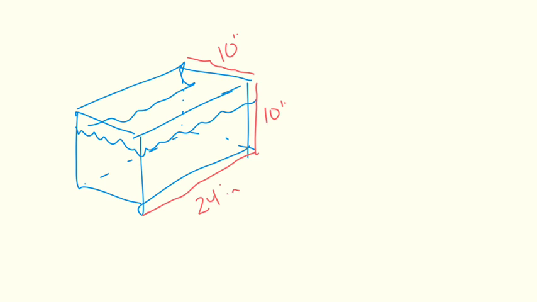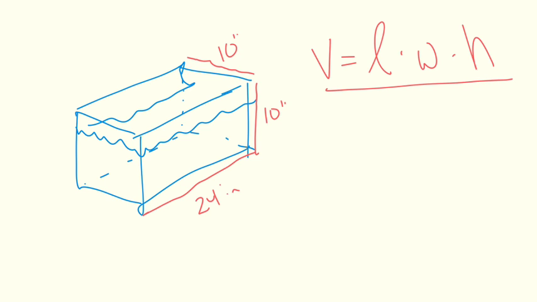But notice that idea I use, that volume equals length times width times height. Now that's a geometric tool. And this length times width times height equals volume thing actually doesn't necessarily apply to this aquarium. It applies to a sort of imaginary box shape that only exists in the imaginary geometry world.